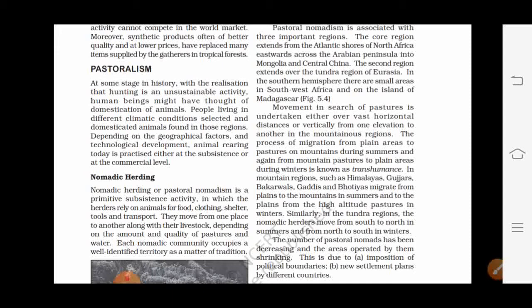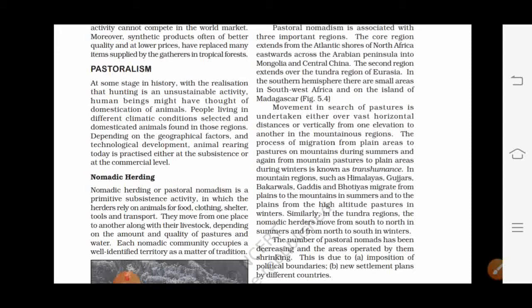Okay, now see pastoralism. Now what happened, when people did hunting and gathering, slowly society progressed, and at a particular stage people realized that you cannot only depend on hunting as a sustainable activity. So these people started keeping animals or domesticating animals, like goats, cows, etc., and they started living in different parts of the regions.